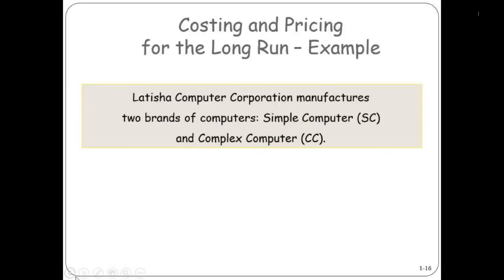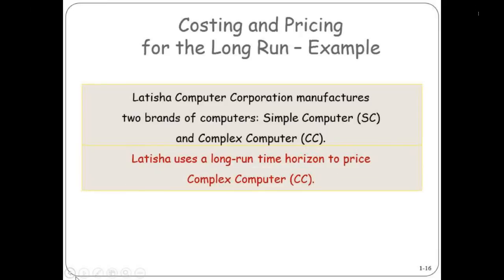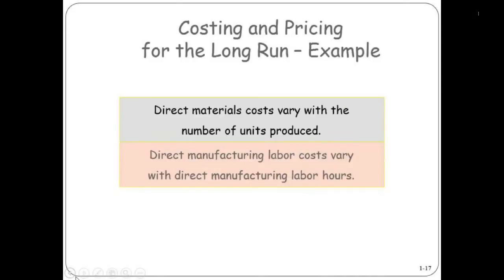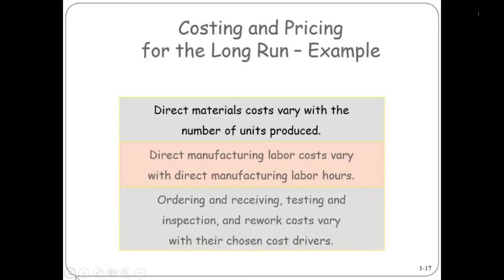Let's do an example. Letitia Computer Corp makes simple and complex computers. They are pricing in a long-term time horizon. Materials vary with units. Labor costs vary with labor hours.